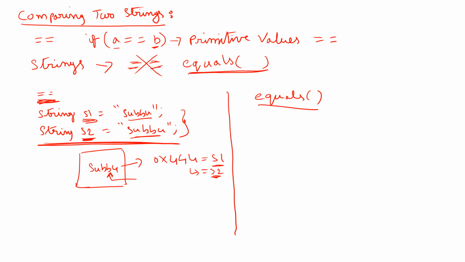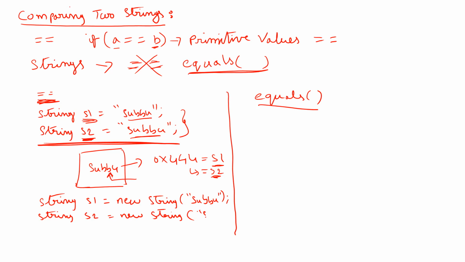But let's say I have created the two strings using the new keyword. So string S1 is equal to new string of Subbu, and I have created another string S2 equals to new string of Subbu.